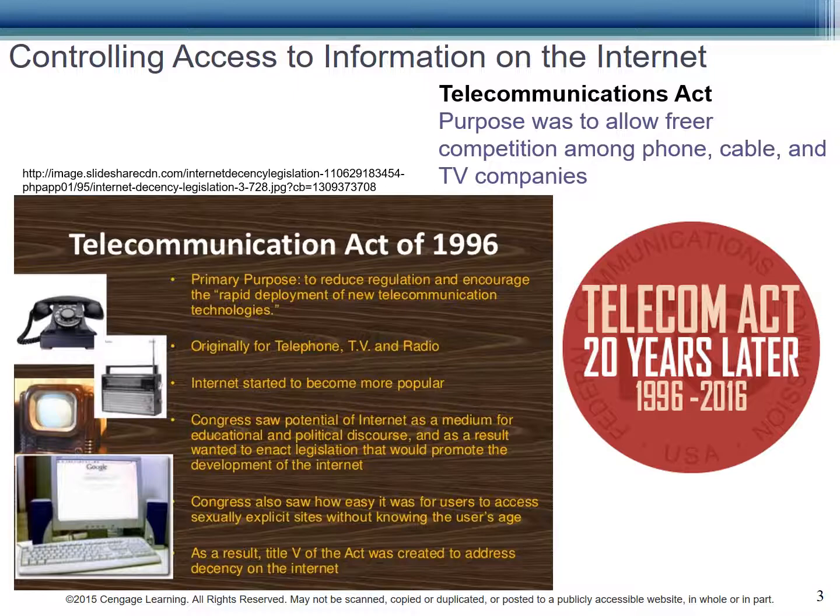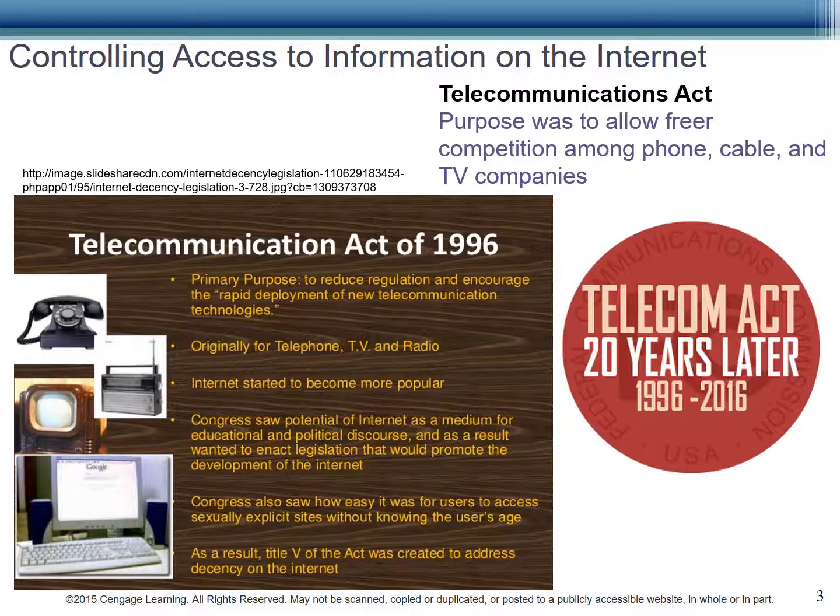Then, at about the same time, the Internet started to become more popular. Congress saw that the Internet might be a good tool to deliver education as well as communicate with constituents about political ideology and views. So they wanted to have legislation that would promote more use of the Internet over time.